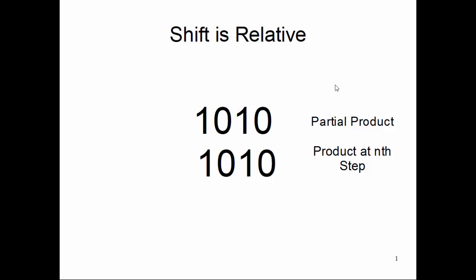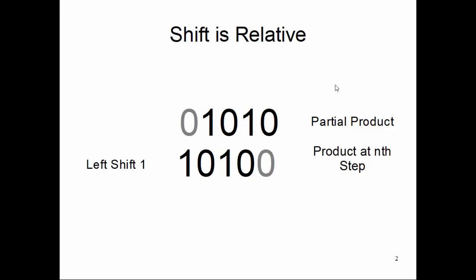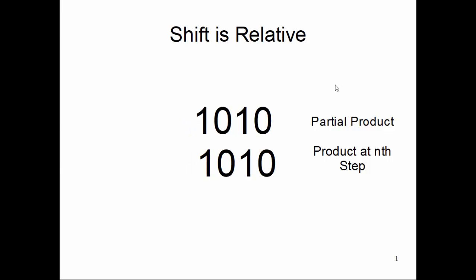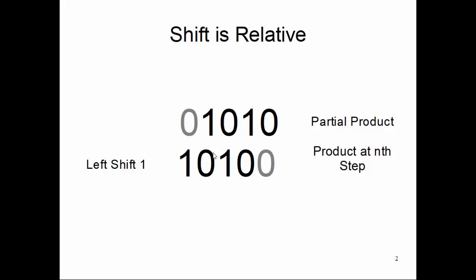So we actually exploit that observation. Here we are doing a left shift by 1, right? Initially we had 1010 and 1010, these two, and let's say we have a partial product and the product at the nth step. For the nth step product, we want to left shift.